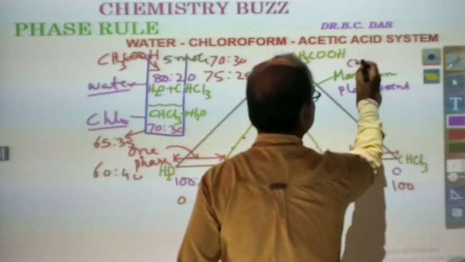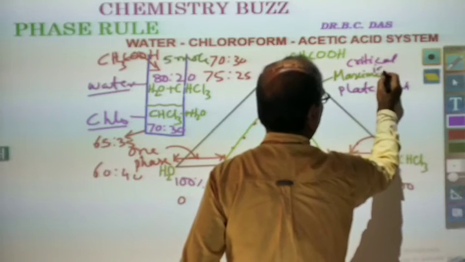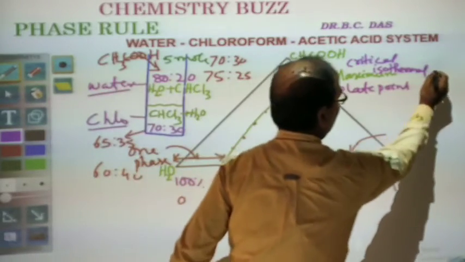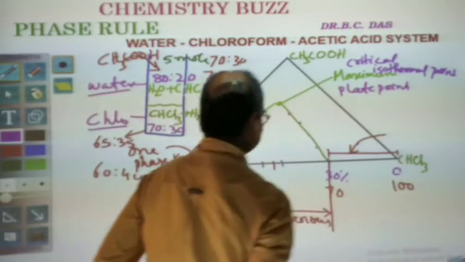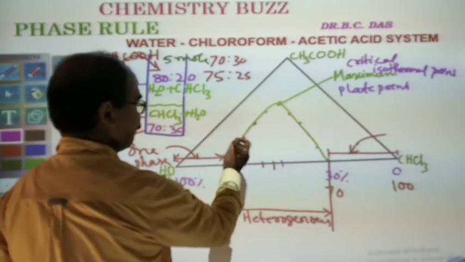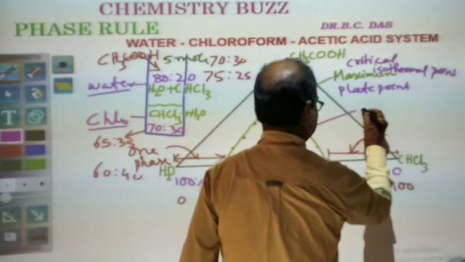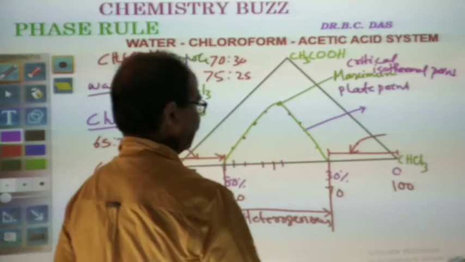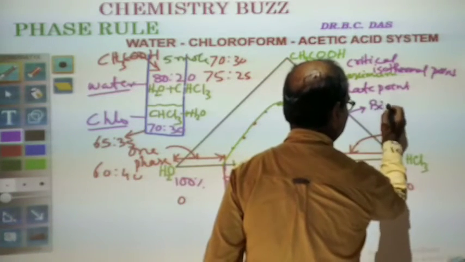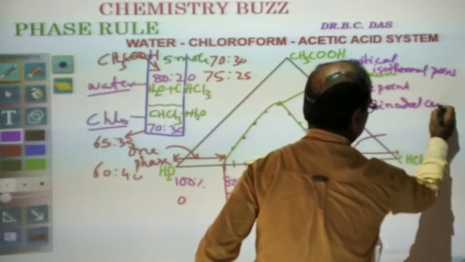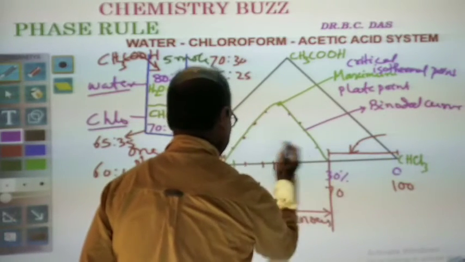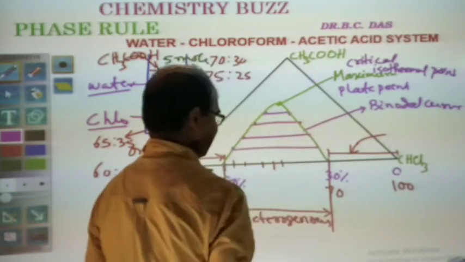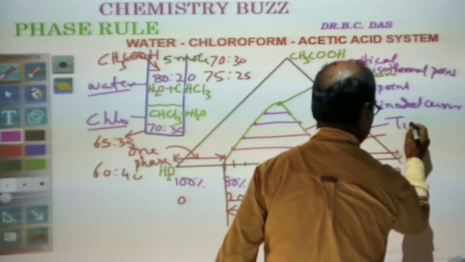Okay, and this line is called the binodal curve, and if we join the points, this one to this one, these lines are called tie lines.